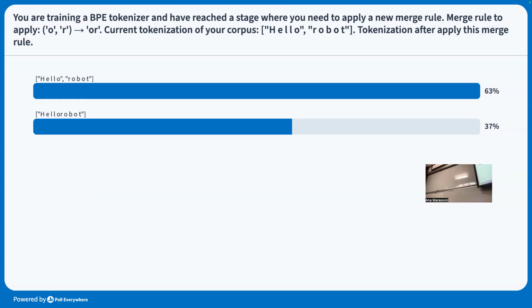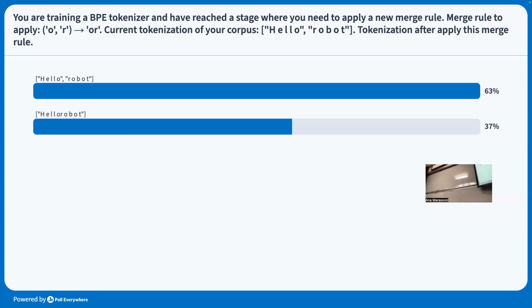The intent behind the question was to test whether you remember that we are not crossing the word boundary, right? Yes, it is true that hello ends with O and robot starts with R, but we are not going to apply that merge operation, because we would cross word boundaries.